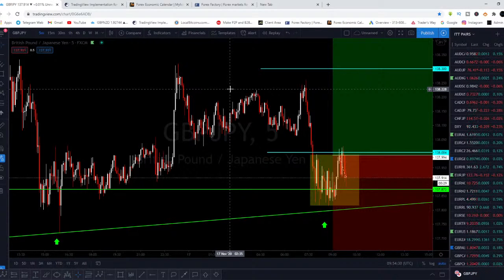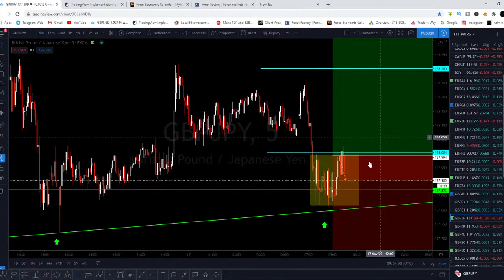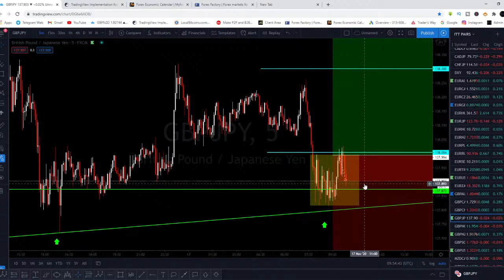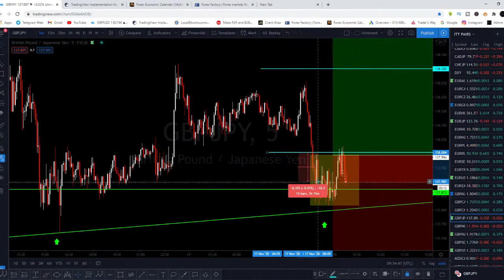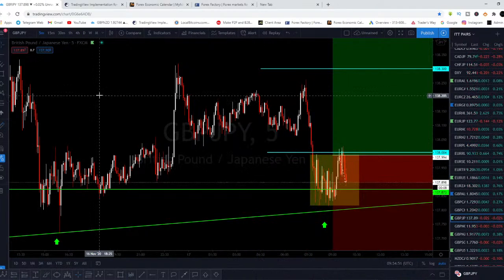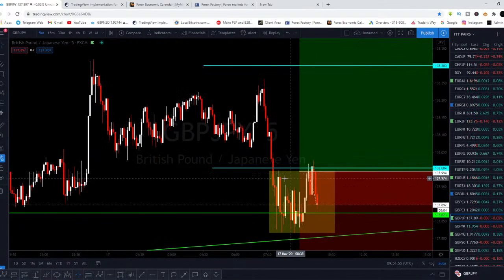And NZD CHF is still moving in negative. Same with GBP JPY, it's still moving in negative again. So it is what it is, man. See this? Still minus 10 pips on this GBP JPY.